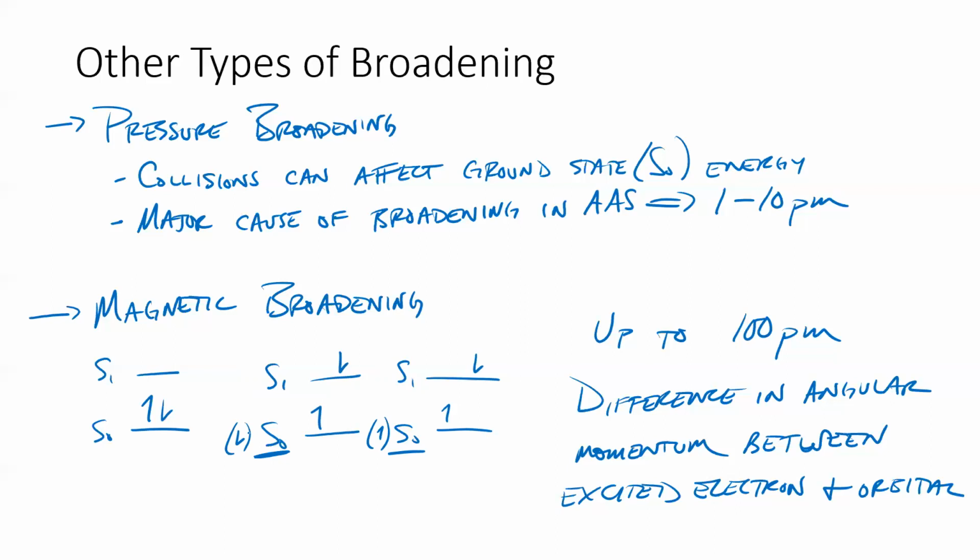If the spins are not matched, then it's going to be easier to pull it out, so it's going to be a little lower in energy. And so it's the orbital angular momentum of the ground state orbital. The HOMO, if you will, the highest occupied molecular orbital. Well, it's not a HOMO, it's a HAO, highest occupied atomic orbital.